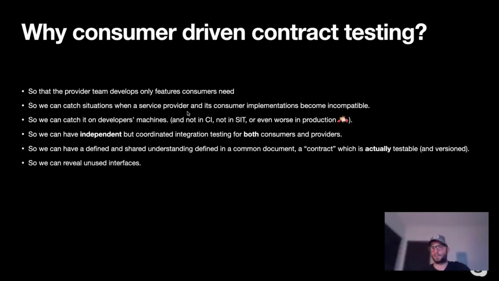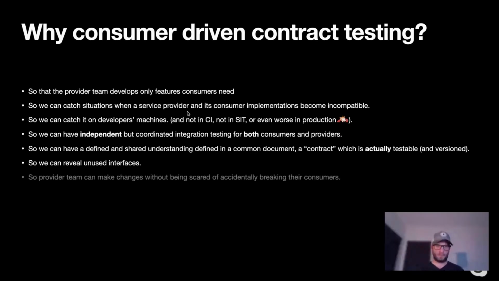We can also reveal unused interfaces. On the provider side, for instance, if they have multiple clients and only require, through contracts, a subset of functionality, that unused functionality can be dropped or deprecated. We don't have to worry about it. Less bugs, less code. It's always good.